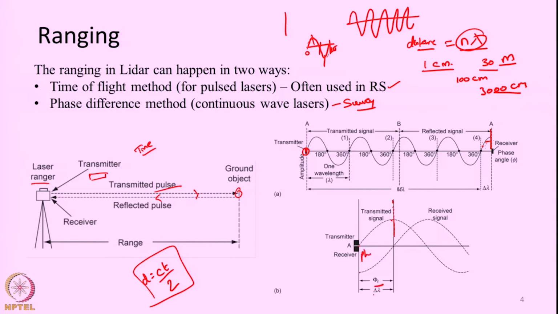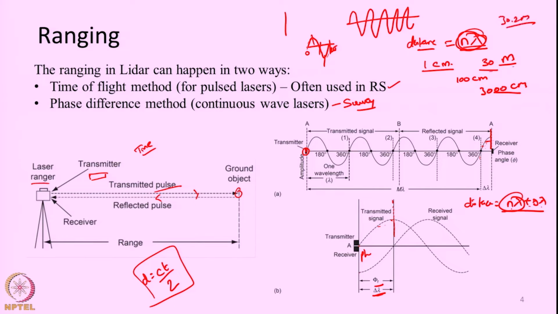By knowing this we can calculate the delta lambda, the small difference in distance between them, and by independent methods there is a way to measure the n lambda. So the total distance is equal to n lambda plus delta lambda, where n lambda is measured separately, the integral multiple of wavelength, plus the delta lambda. Let us say the distance is 30.2 meters.